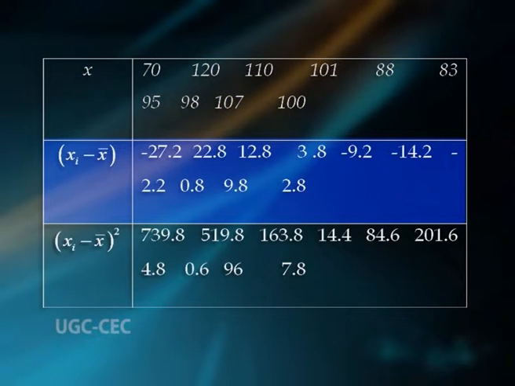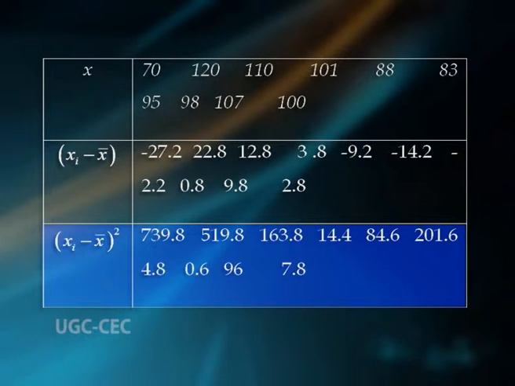The corresponding x_i minus x bar values: minus 27.2, 22.8, 12.8, 3.8, minus 9.2, minus 14.2, minus 2.2, 0.8, 9.8 and 2.8.